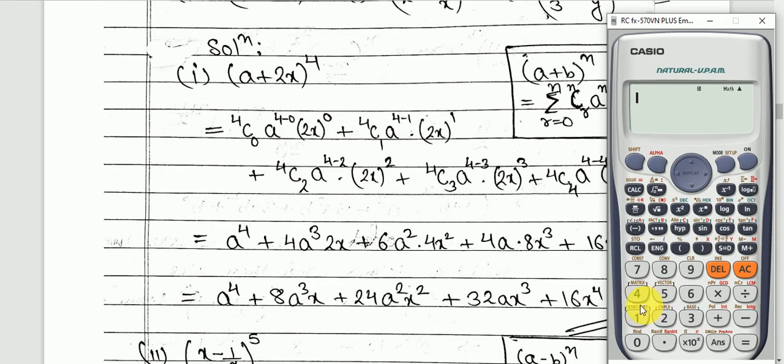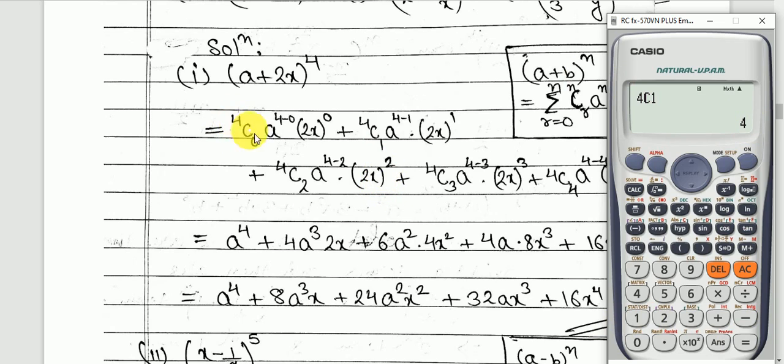Like here, if you have got this scientific calculator, then you have to type 4. Here NCR is in this button, and it is in yellow, so you have to press shift, then this C will come, then 4 is done, C, then 1 I have to type, and it will come 4 for you. So 4C1 is 4.